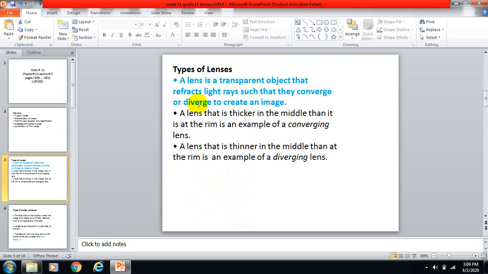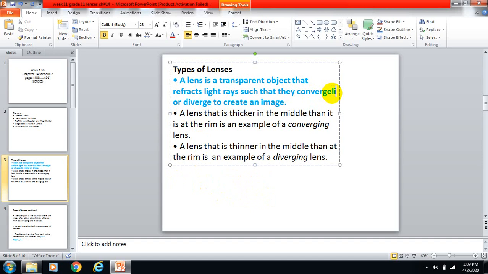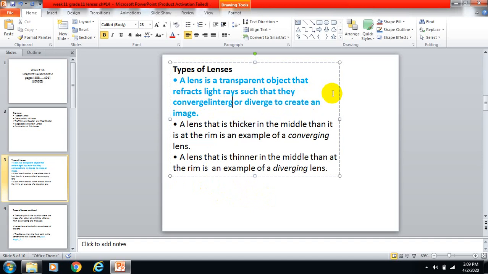Diverge is the spreading of something, like a single ray passing through a prism. It will give you seven different colors. We call that a diverging phenomenon. Remember, converge is like integration in mathematics; converge is to integrate.